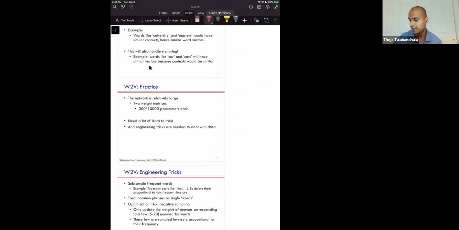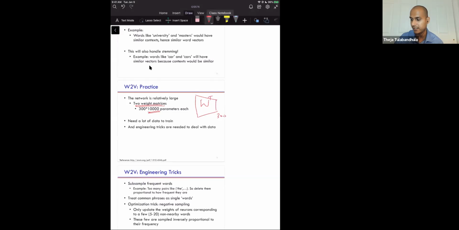So as I was saying, the matrix is going to be large if you have 10,000 words. In fact, it's not really 10,000, I think they train it on a much larger vocabulary. So the number of parameters is going to be really large. So instead of two weight matrices, they just make the second weight matrix equal to the embedding. The first weight matrix, going from 10,000 to 300, let's call it W transpose for simplicity.